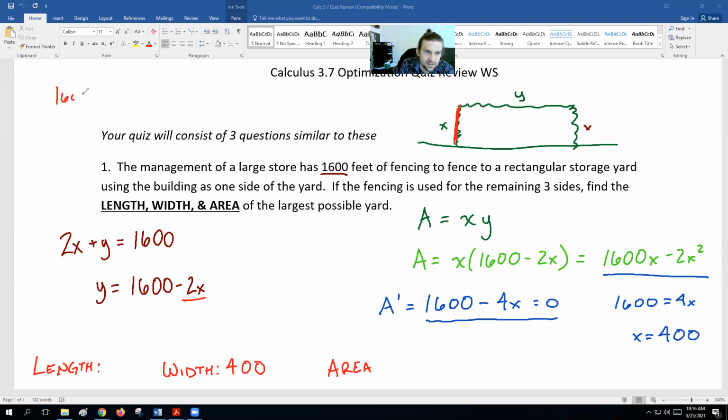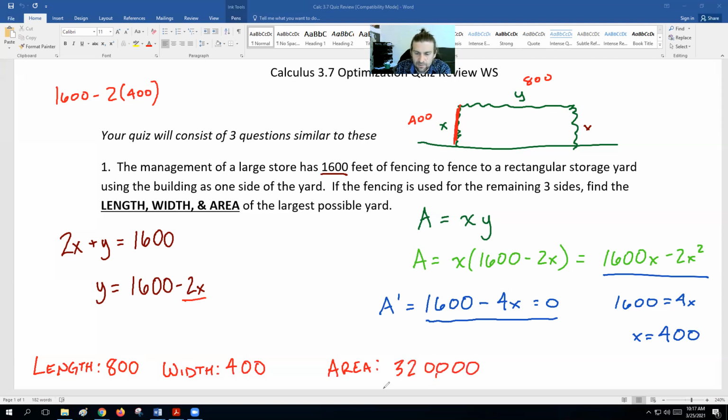Okay, so what's 1,600 minus 2 times 400? All right, so what's 1,600 minus 800? Well, that'd be 800. And then the area would be, well, this is 400, this is 800, whatever 400 times 800 is, and 4 times 8 is 32, and then we got 0, 0, 0, 0.